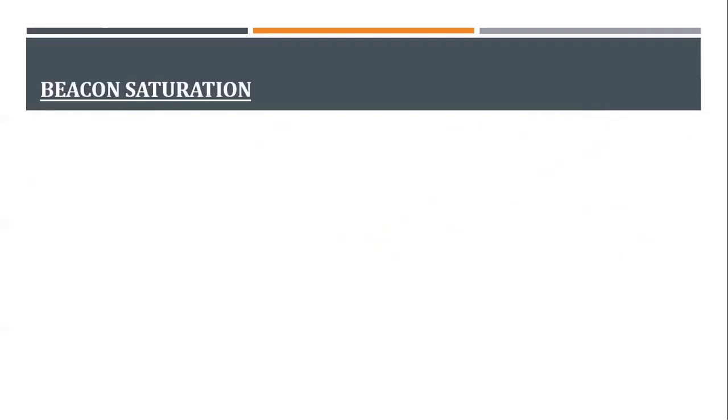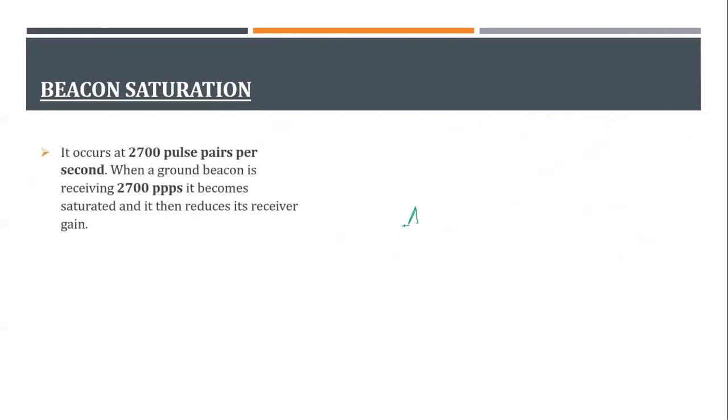Now, beacon saturation is also present. What do I mean by a beacon? The station. If it's present here, the aircraft is present in here, of course. Suppose this beacon has many aircraft in its region, not just one.